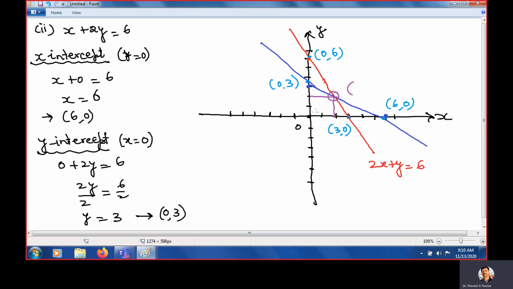If you find the distance over the x-axis, it is 2. The distance over the y-axis is 2. So we can write (2, 2). So the solution means (2, 2) is the intersection point.